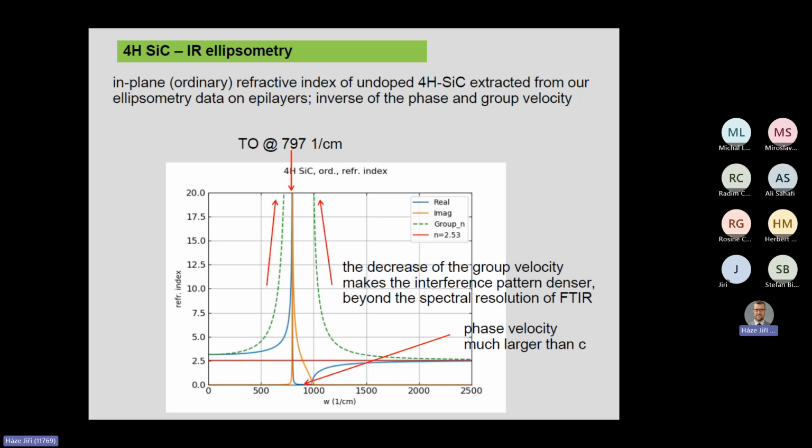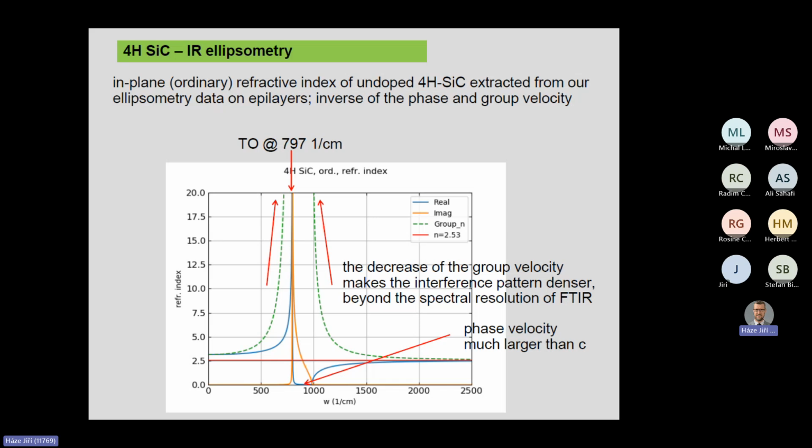There is also a hint that we should lose the interference effect here because of the very large values of the group refractive index, which makes the interference pattern very dense, and the spectral resolution of our instrument is not good enough to see it.